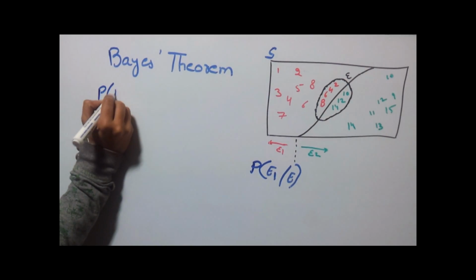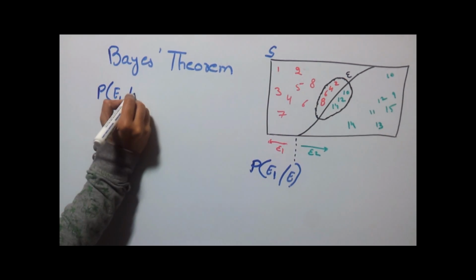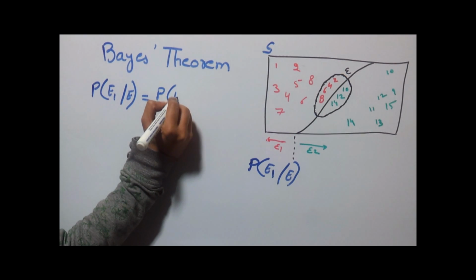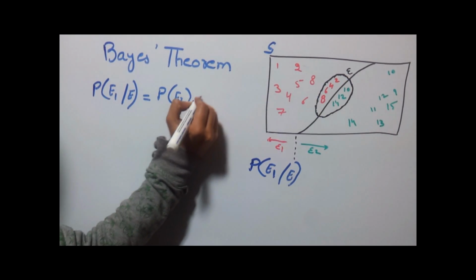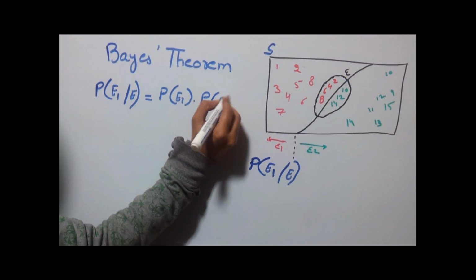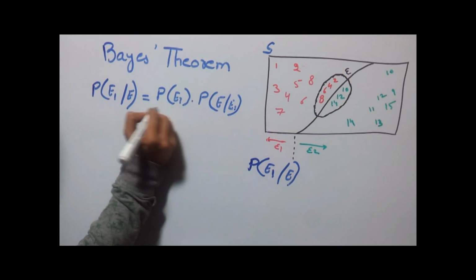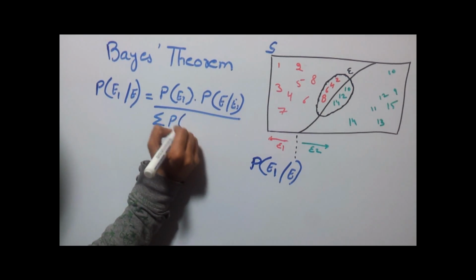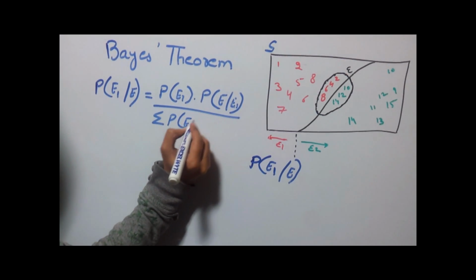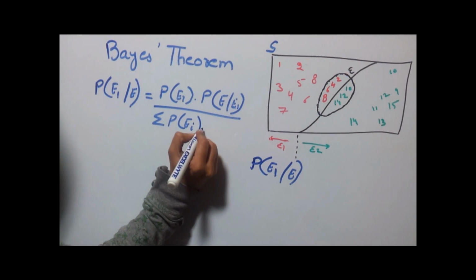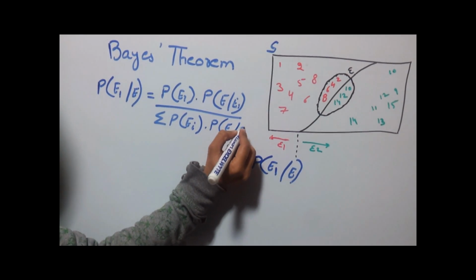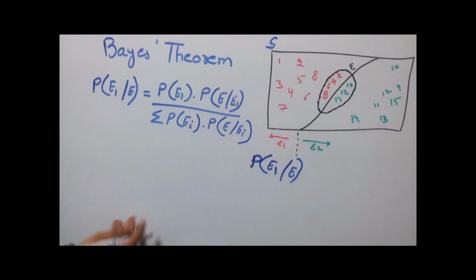Its formula: suppose we need to calculate probability of E1 given E. It is written as probability of E1 into probability of E given E1, divided by the summation of probability of Ei into probability of E given Ei.